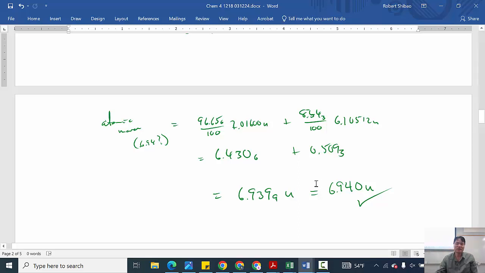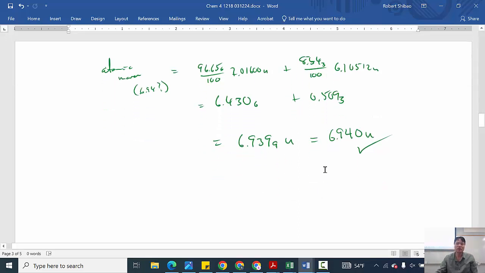Others we do by system of equations or graphical. And my preference is the graphical method if it's a 2-component. If you have a 3-component unknown, then that's more difficult because you need 3 equations to solve for 3 unknowns.